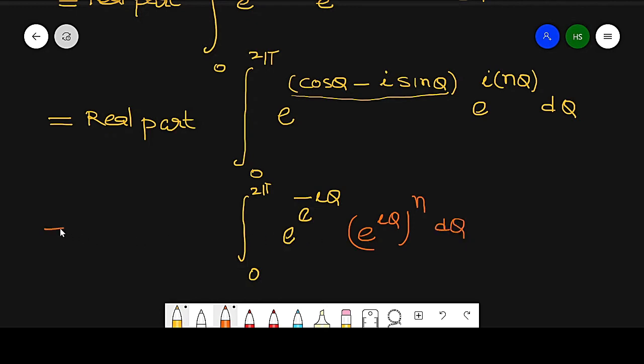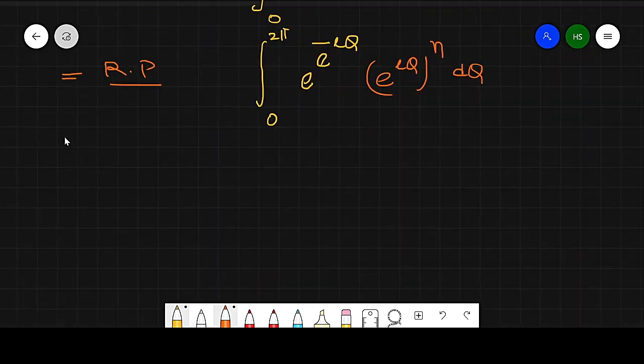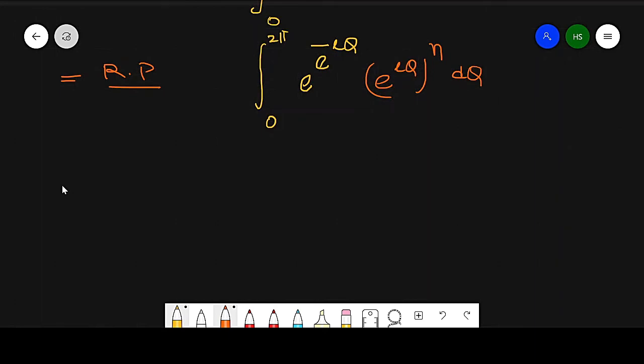Now I convert this integration into complex form. If I take that integration as I, in the complex form this is integration over contour C, and this is e raised to power minus iota theta.